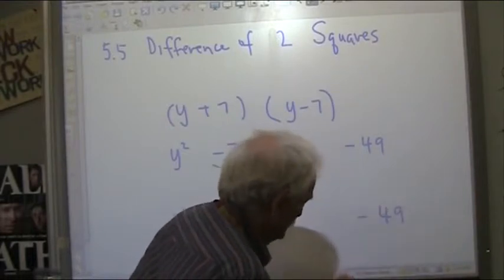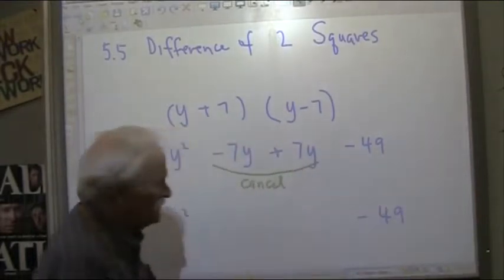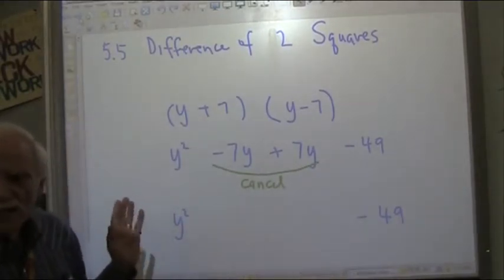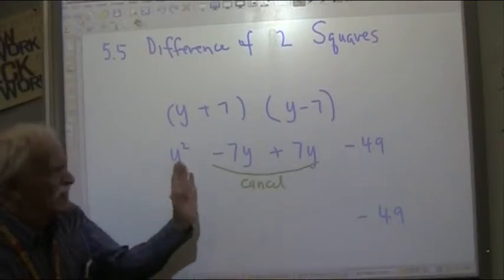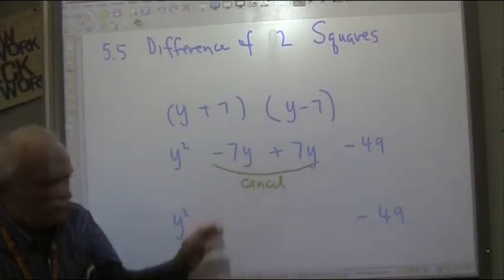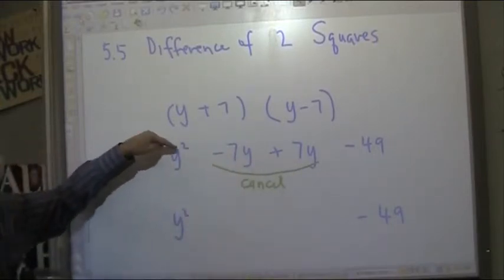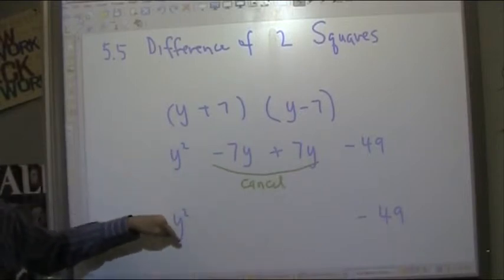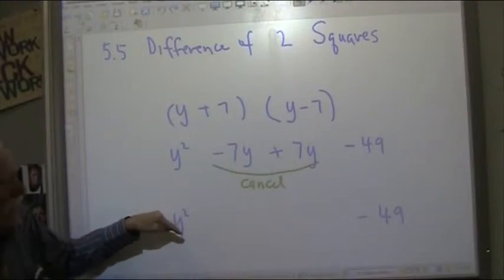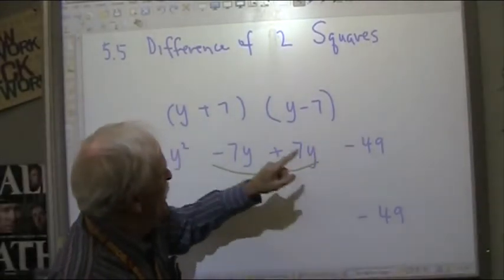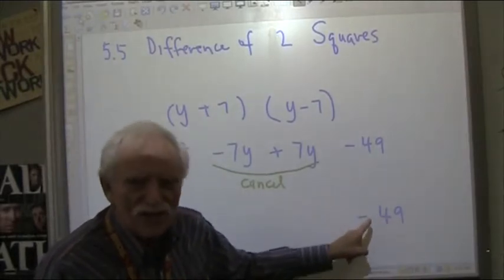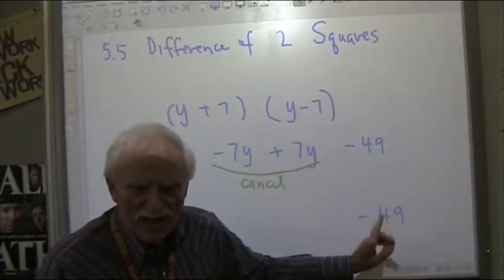Take a look at what we end up with. When the outer and the inner cancel, we have the square of the first, y squared, and then the square of the last, 49, with a minus sign in front of it.